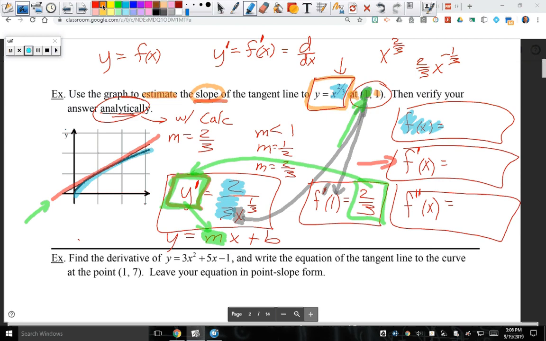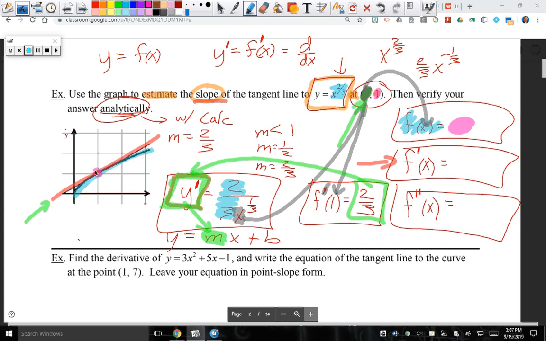So if I put this x value of 1 right here, it spits out a y value of 1. You with me? So that point that it just created would be where it's located.